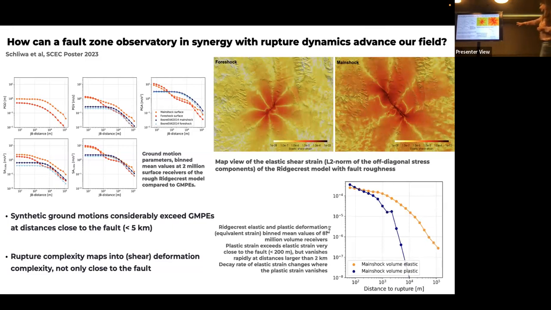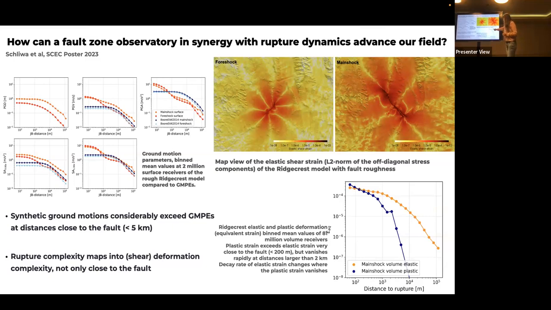And what we show here lastly is the deformation in the volume. So these are binned mean values. This is 81 million receivers. So imagine we could have 81 million stations in the volume and measure elastic and plastic deformation.